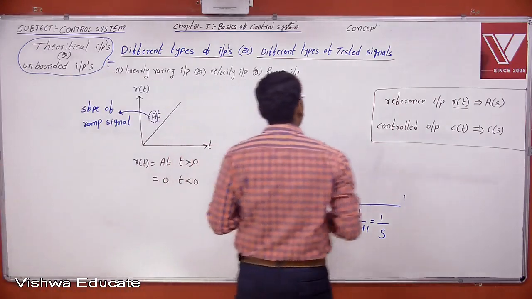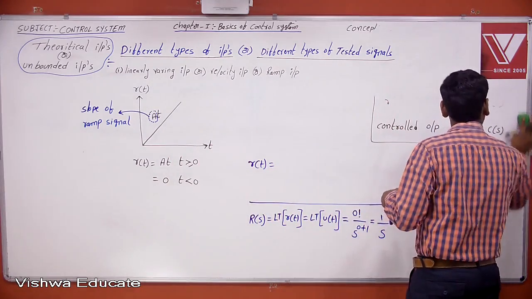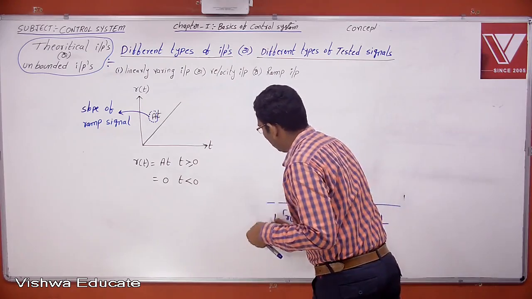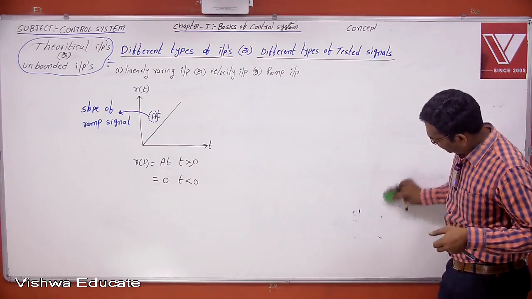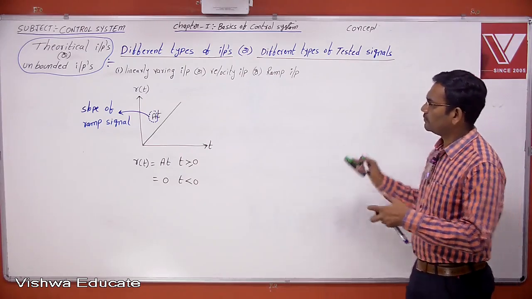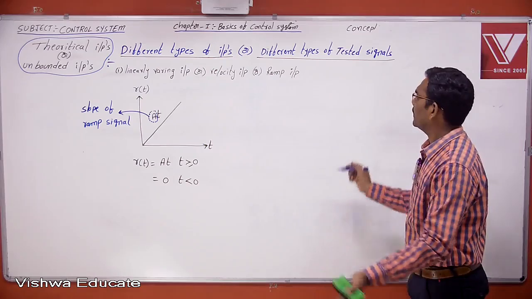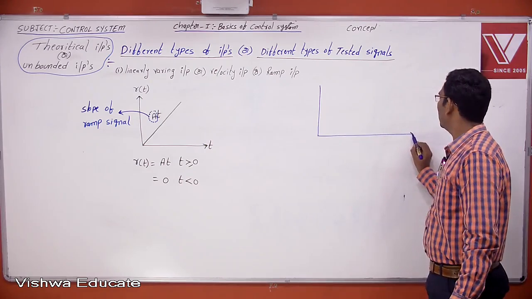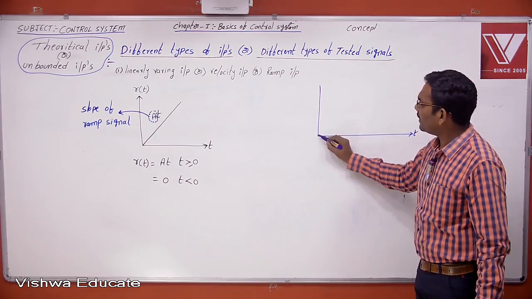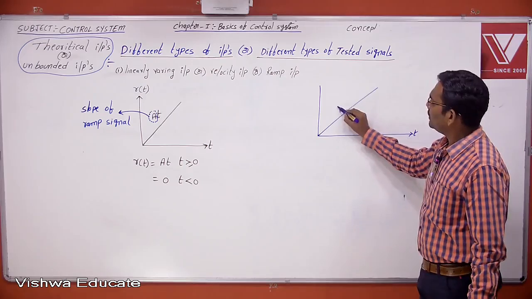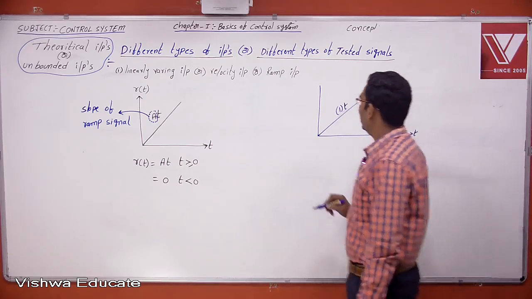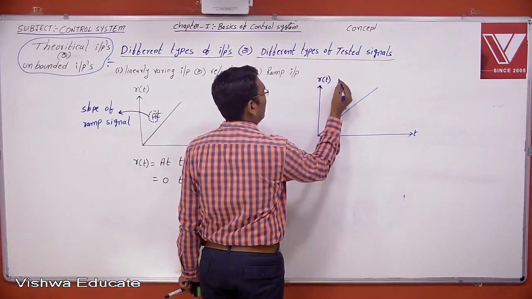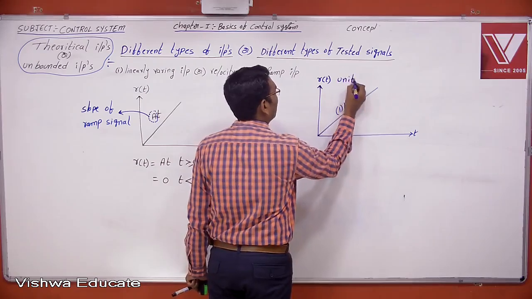Now this is the linearly varying input. If this slope is exactly equal to 1, then this is called unit ramp input.